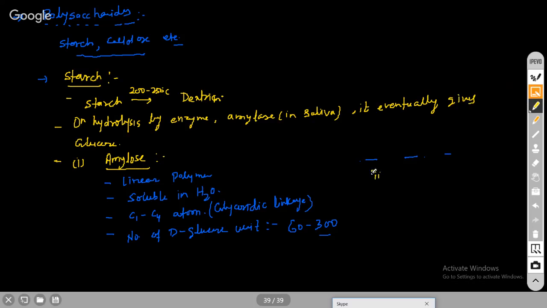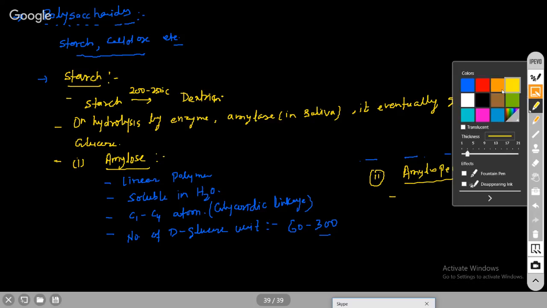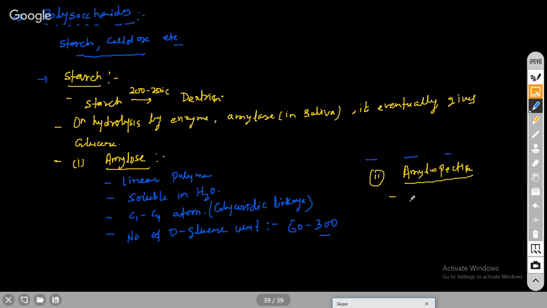Second component of this is amylopectin. Write down highly branched polymer. Properties of this: it is a highly branched polymer. In this also, alpha D glucose units are present, and C1, C4 carbon forms glycosidic linkage.